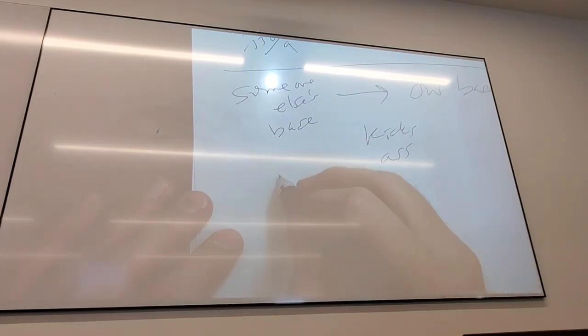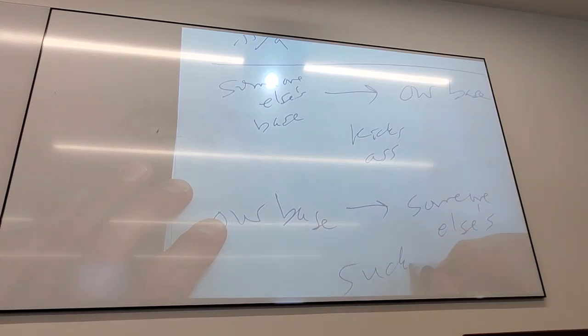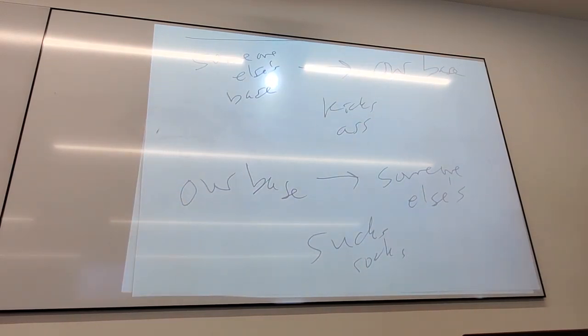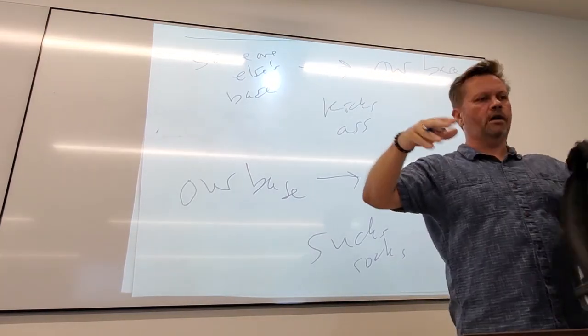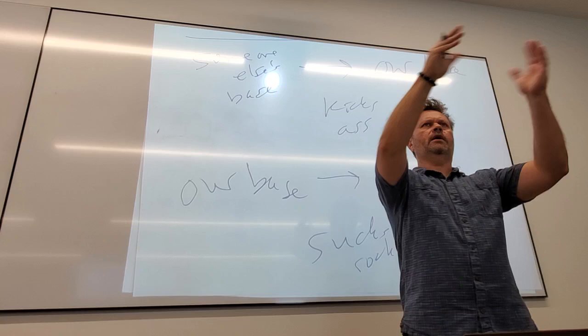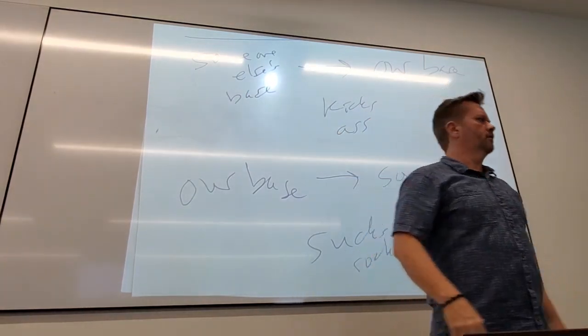If I go from our base to someone else's base, that sucks rocks. Because it involves division, subtraction. Always the more difficult operations. You guys kind of with me? And we have to, the places are all empty. We have to make sure we go far enough.